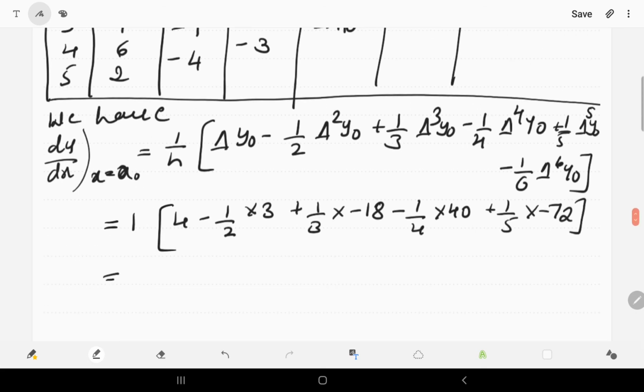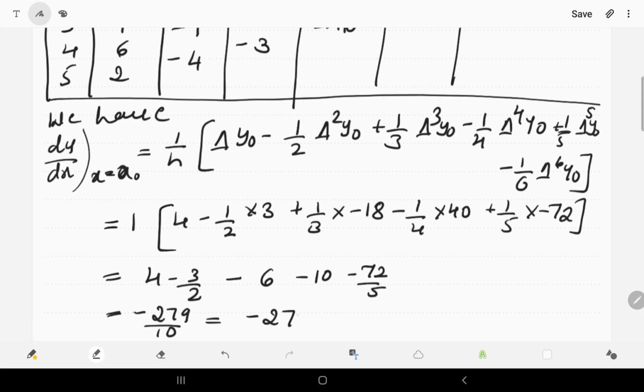That is equal to 4 minus 3 by 2 minus 6 minus 10 minus 72 by 5, and after simplification that is equal to minus 279 by 10, or minus 27.9.